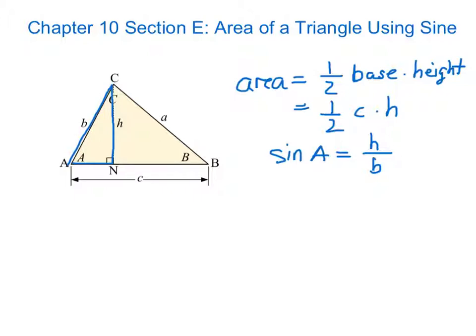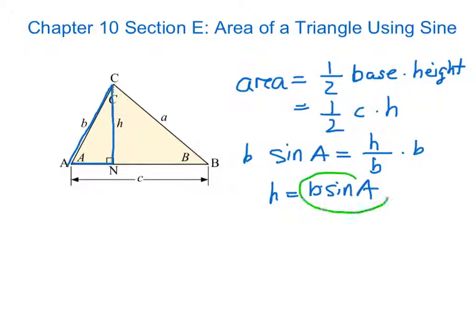So I have sine of angle A equals h over b. Doing a little bit of algebra, multiplying both sides by b, I get h is equal to b times the sine of A.